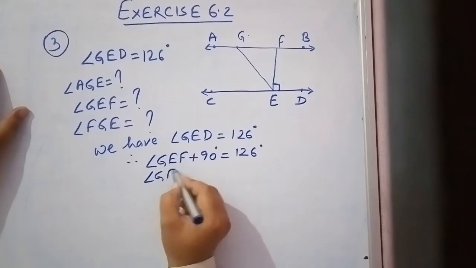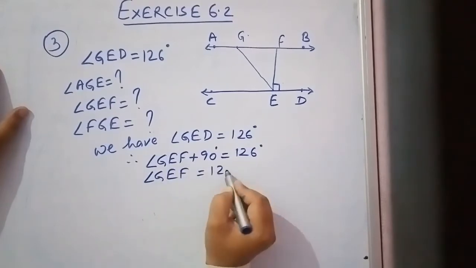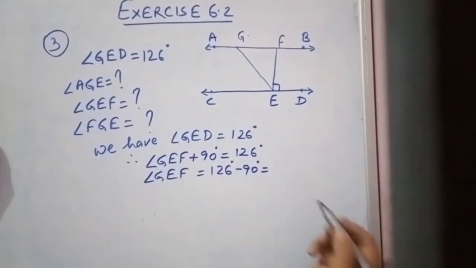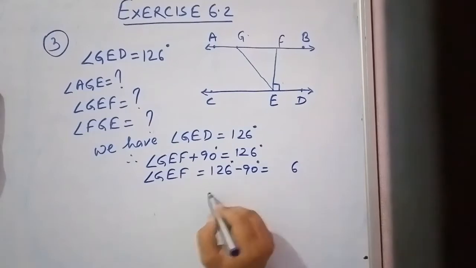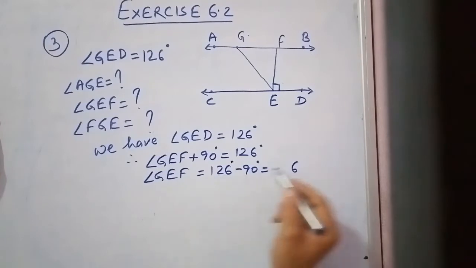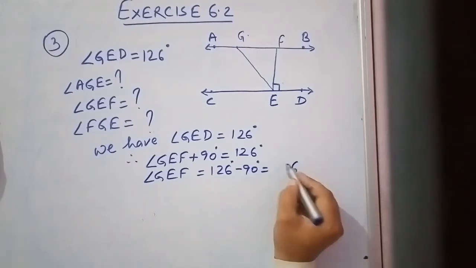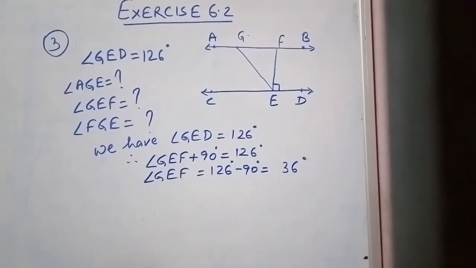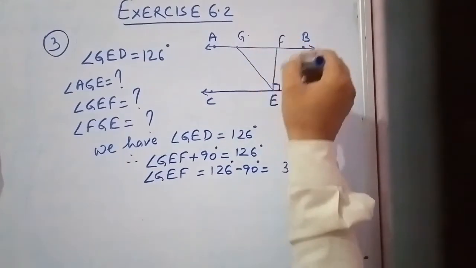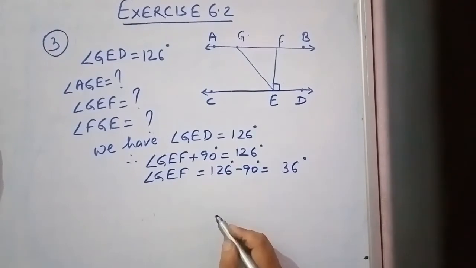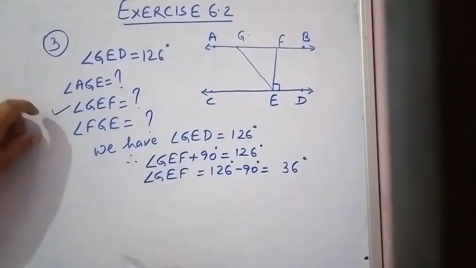Then angle GEF equal to 126 minus 90, that is 36 degrees.